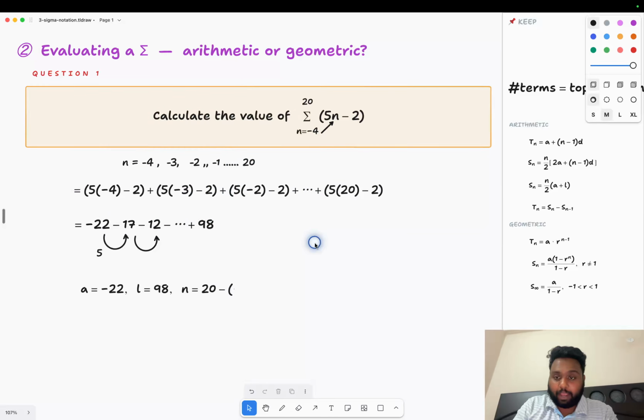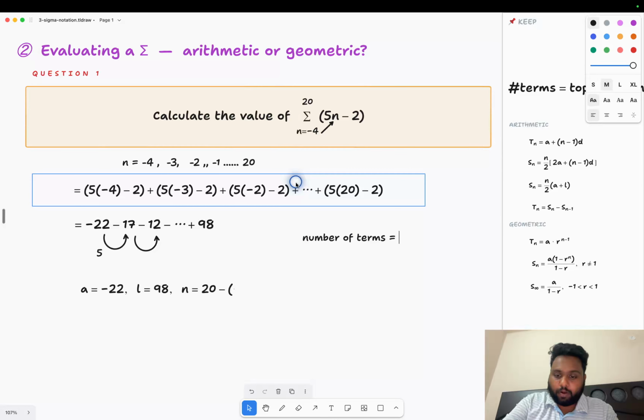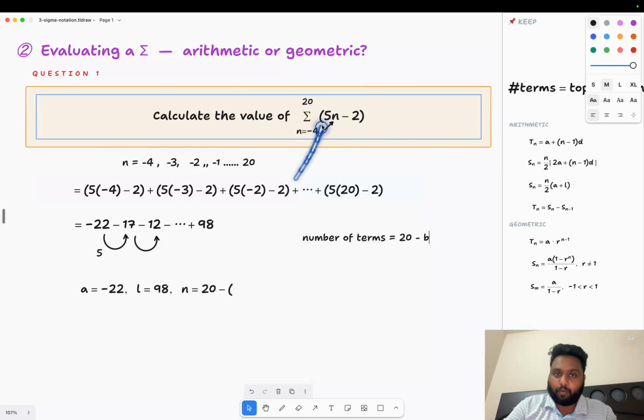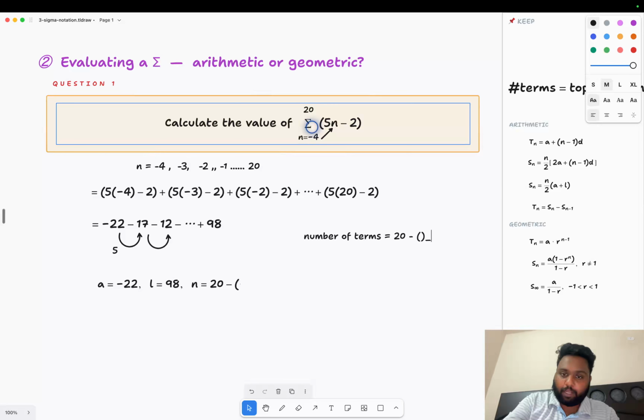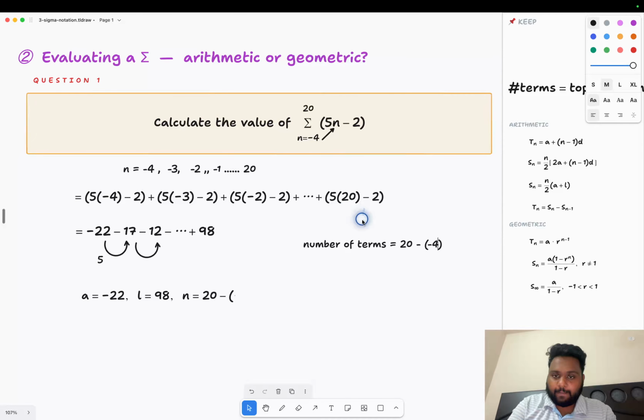The number of terms is going to be top minus bottom, plus 1. The top value is 20, the bottom value is minus 4, so we will use minus 4 here, and we will add 1.